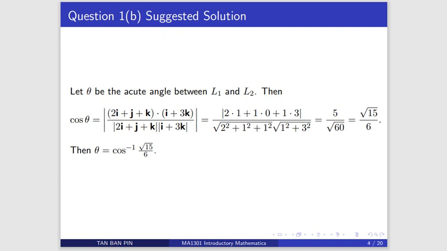That's why we consider cosine theta equal to the magnitude of U1 dot U2 over magnitude of U1 times magnitude of U2. If you work out the dot product of the two direction vectors and take the magnitude, you'll find that cosine theta is square root of 15 over 6. So theta is just cosine inverse of square root of 15 over 6.